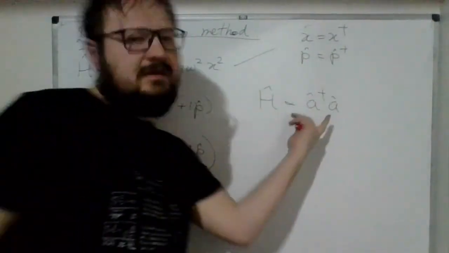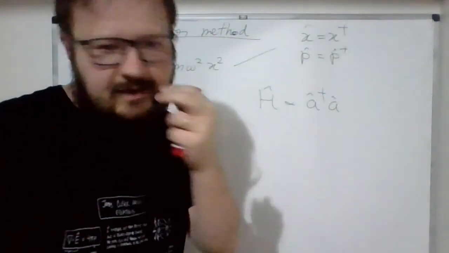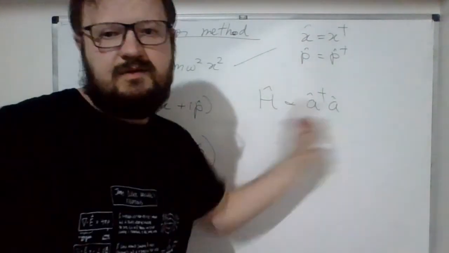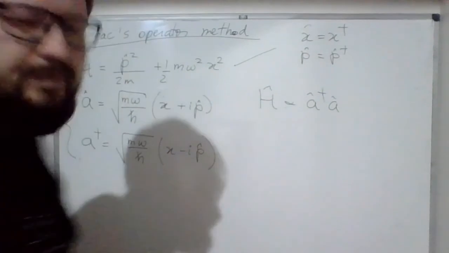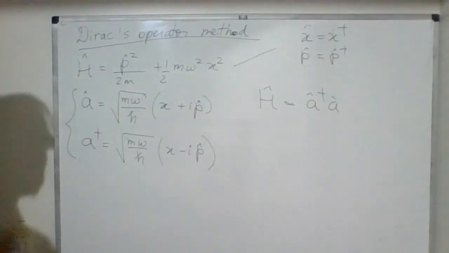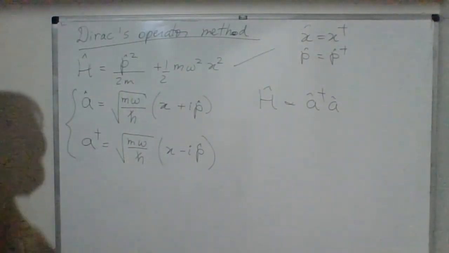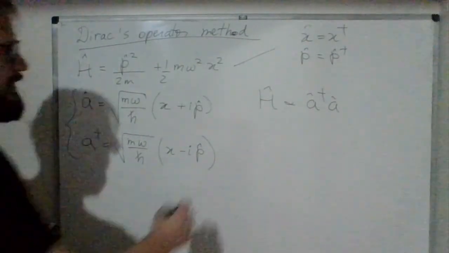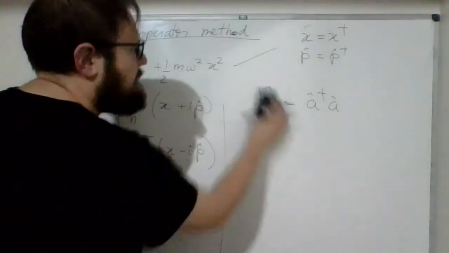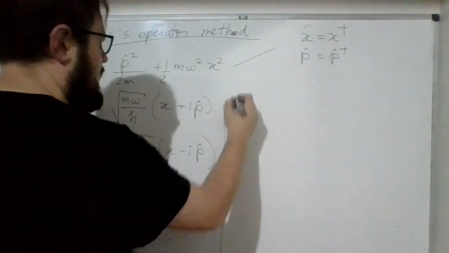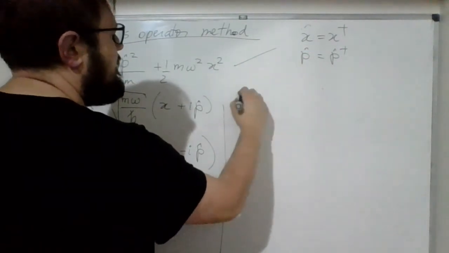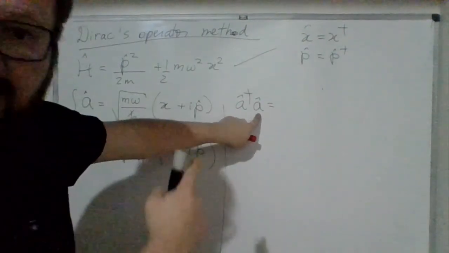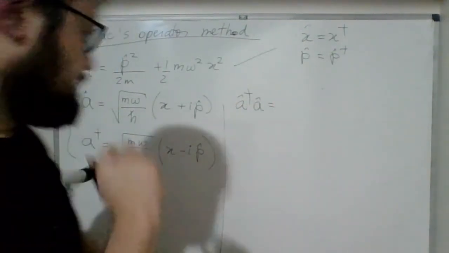Why not try the other way around? You could do that, but in the end, you can put things in the following order, which is more interesting for now. Now let us see what happens if we define these two operators, and let us see what happens for the product A dagger times A. You multiply A dagger times A in that order; you cannot reverse the order for now.